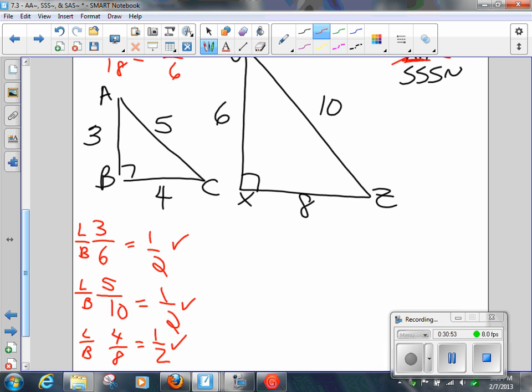Are these two triangles similar? Yes, we've got to write a similarity statement. Side-side-side similarity means that all 3 sides have to be what? Proportional. Triangle ABC is similar to what? YXZ.